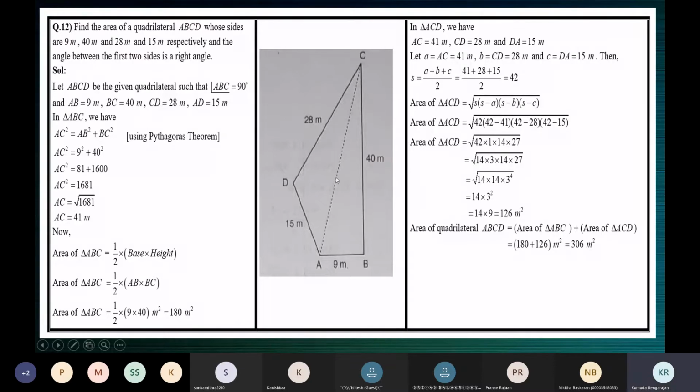The area of the quadrilateral is area of this triangle, 180 meters square, plus the area of this triangle, which is 126 meters square. So total area of the quadrilateral is 306 meters square.